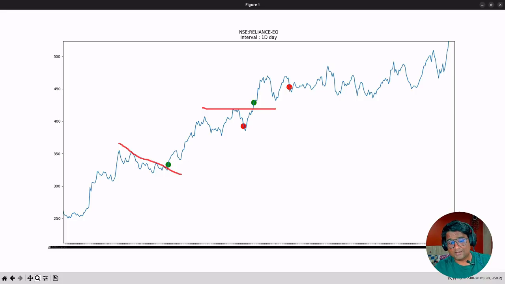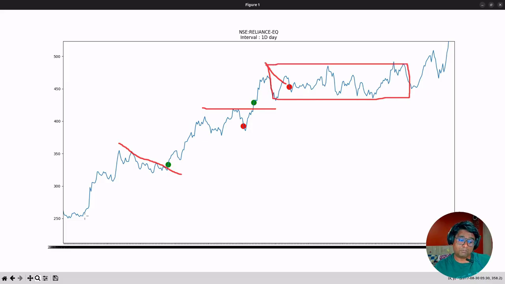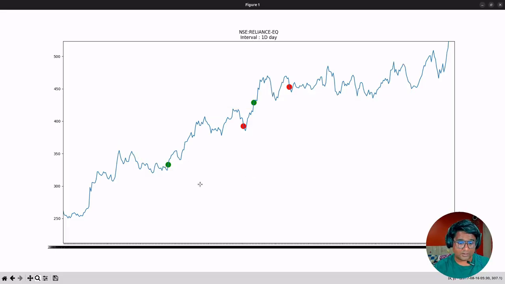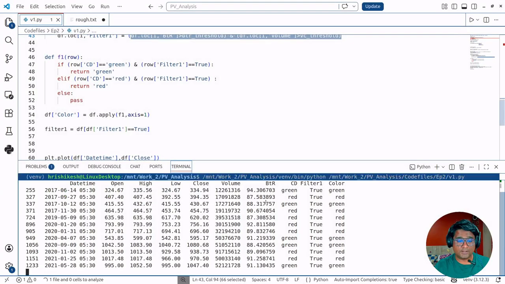Then here again is a sell off which triggers a kind of consolidation. But more than that, I'll show you this on the chart and you will be surprised to see the results. So I delete this.